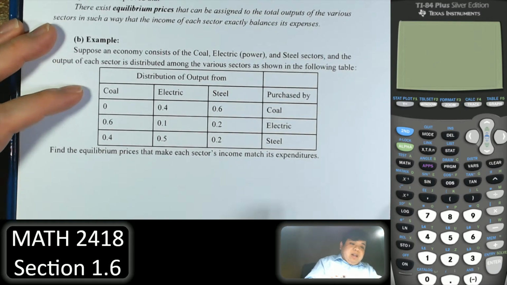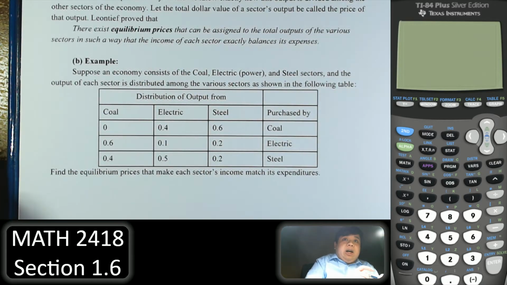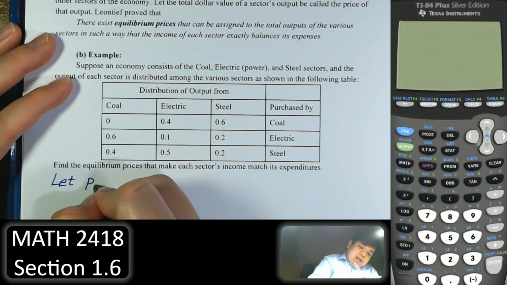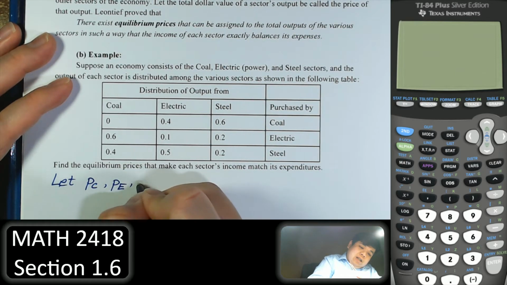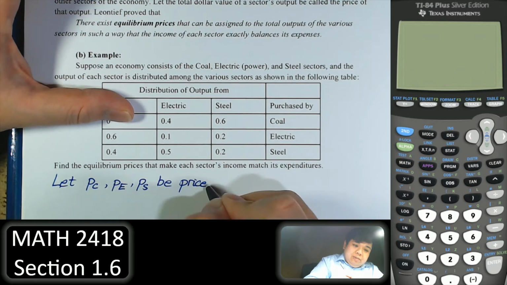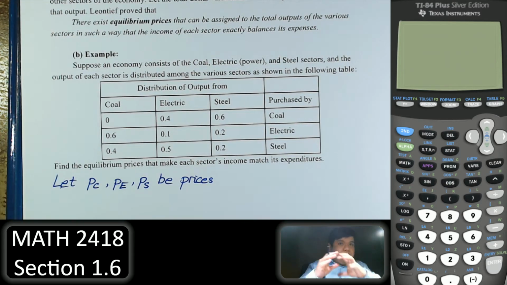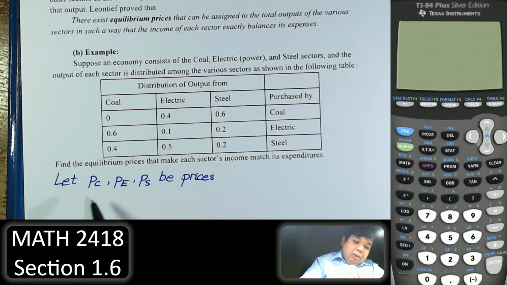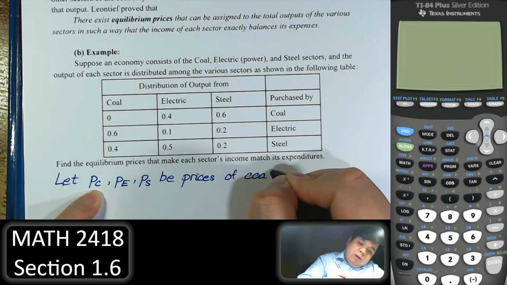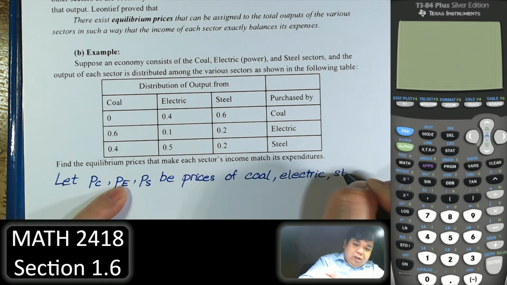The way we write this, we just say prices, so we use P. So let PC, PE, and PS be the price of the output, or we say the value of the production of the whole sector, of coal, electric, and steel respectively.